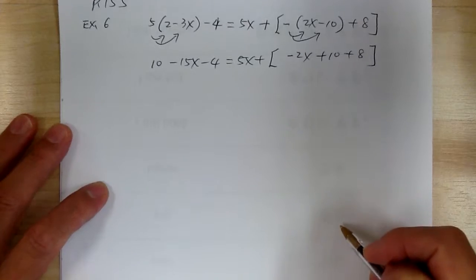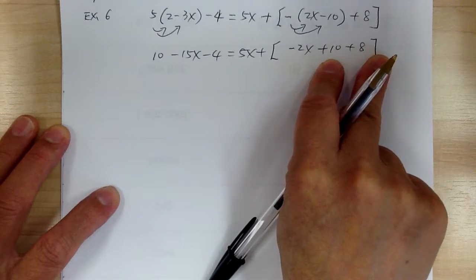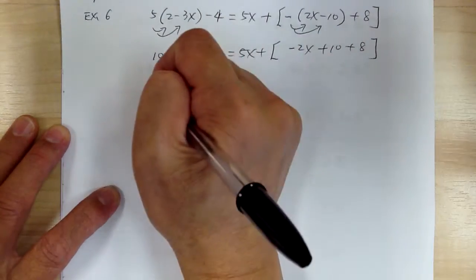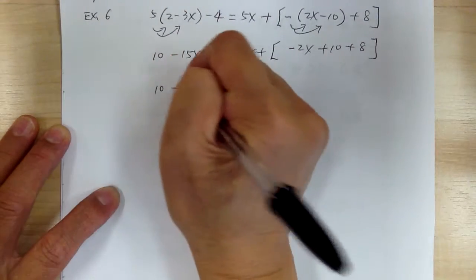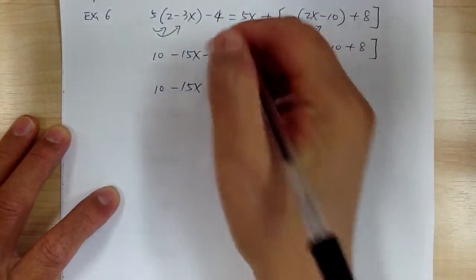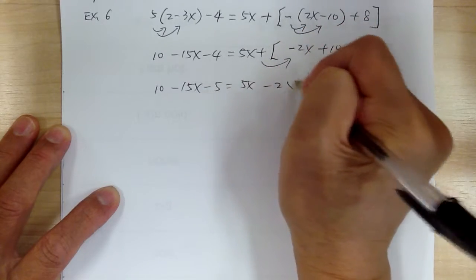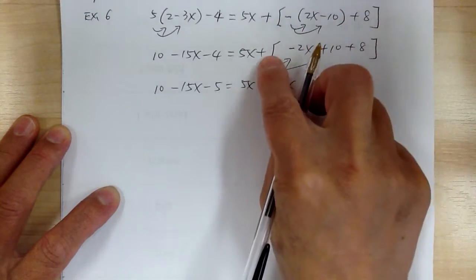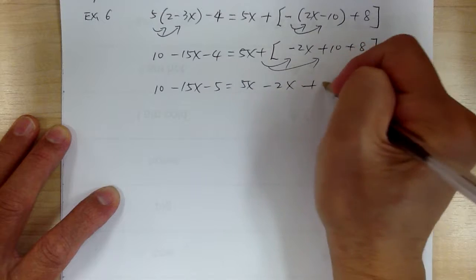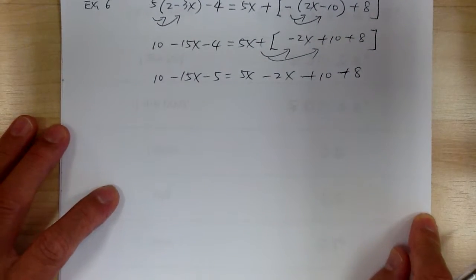Then the next step, let's get rid of the bracket. Now you can combine this first if you want to, or you can do it later, it doesn't matter, but again, do one step at a time. So first you get rid of parentheses, then next let's get rid of the bracket. So you distribute, so minus 2x, right? When you have no number it means it's 1, so everything will stay the same. Okay, so get rid of the brackets.